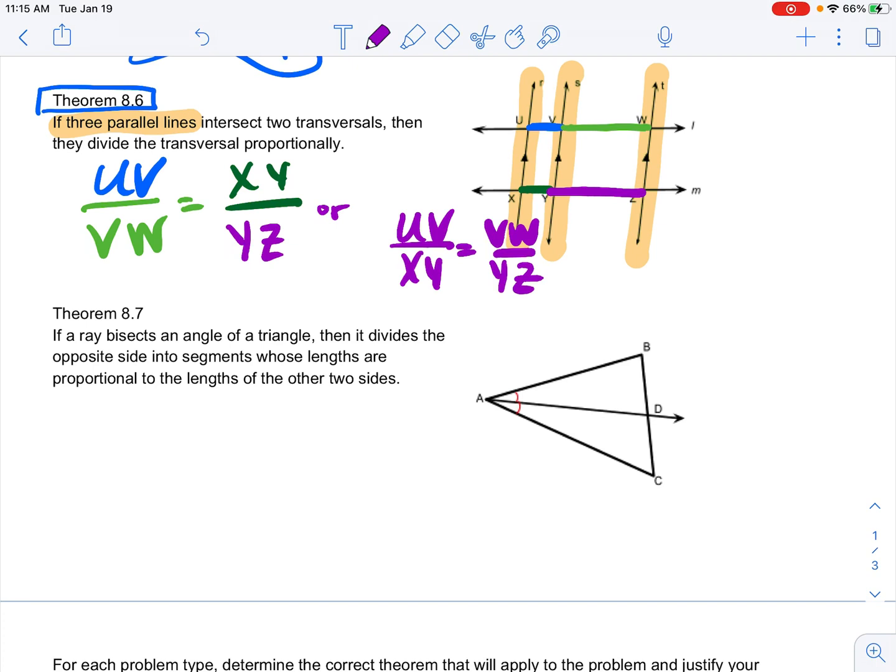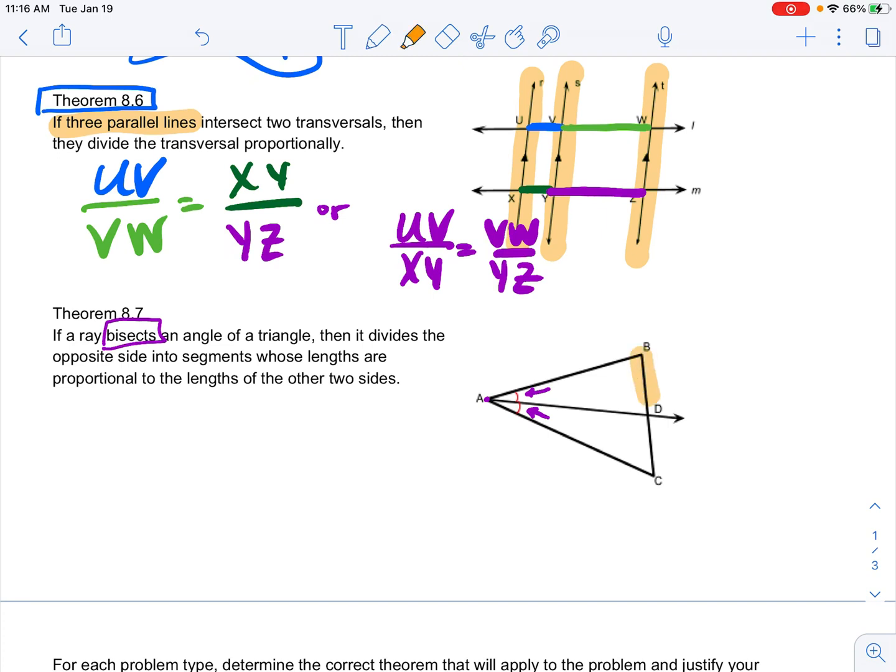Okay, and Theorem 8.7. A ray is a line that has an arrow on one end and ends at a point. So a ray bisects. Bisects means that it cuts it in half, into 2 congruent pieces, which is why you can see here that ray AD has bisected angle A, because it is in 2 equal parts.